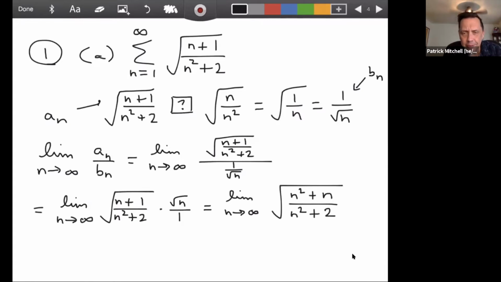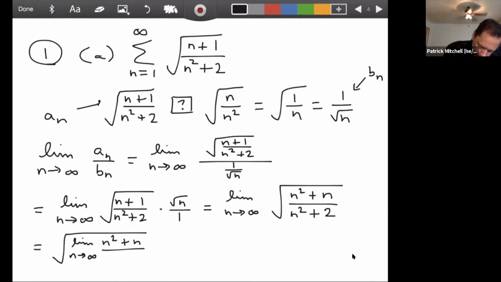All right, so now technically what I'm going to do next is push that limit inside the square root. I wouldn't be too upset if you skip this step. That is a property of limits because square root is a continuous function. All right, so now hopefully you learned in Calc 1 about limits at infinity of rational functions.